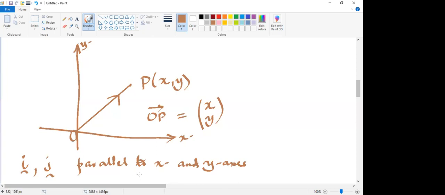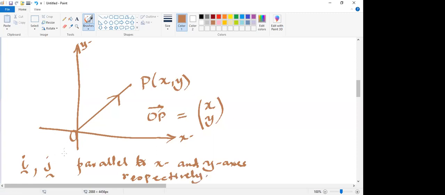I is parallel to the x, and J is parallel to the y.